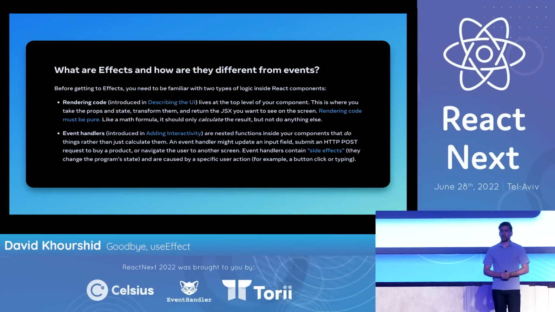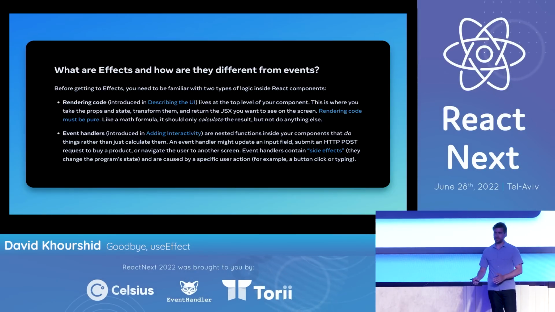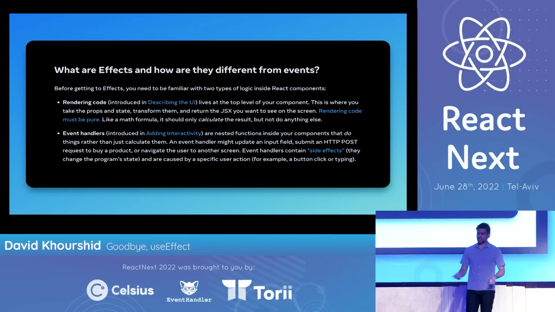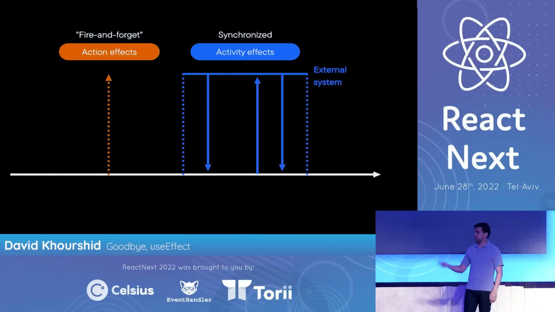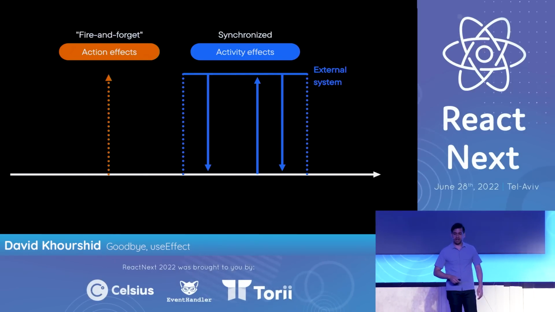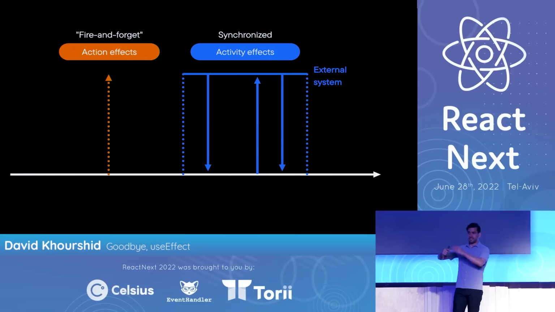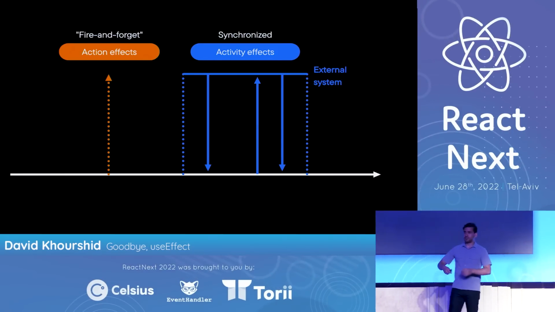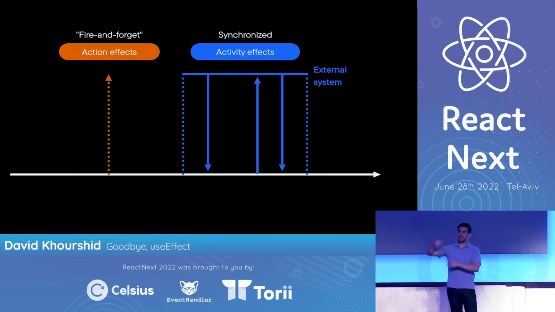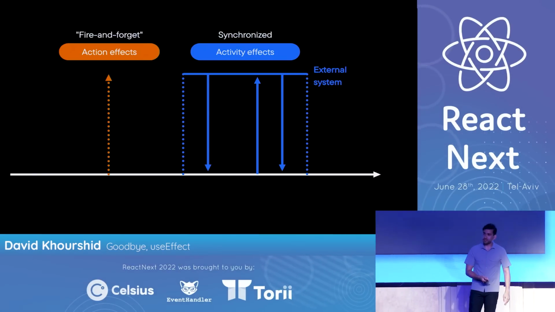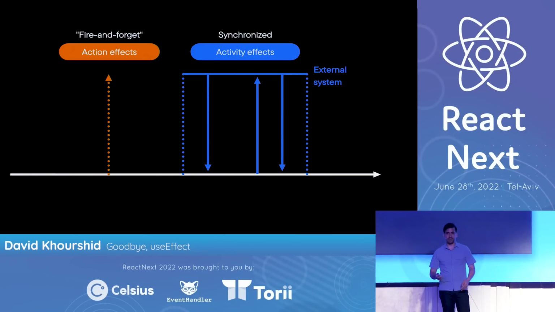And React actually talks about two different types of effects. It talks about effects with a capital E in the new beta docs, and also events, or these side effects, what I'm going to call action effects. And so just to visualize the difference here, these activity effects, or the capital E, are basically that synchronization between your components and some sort of external system. And then we have the other type of effects, which are action effects.